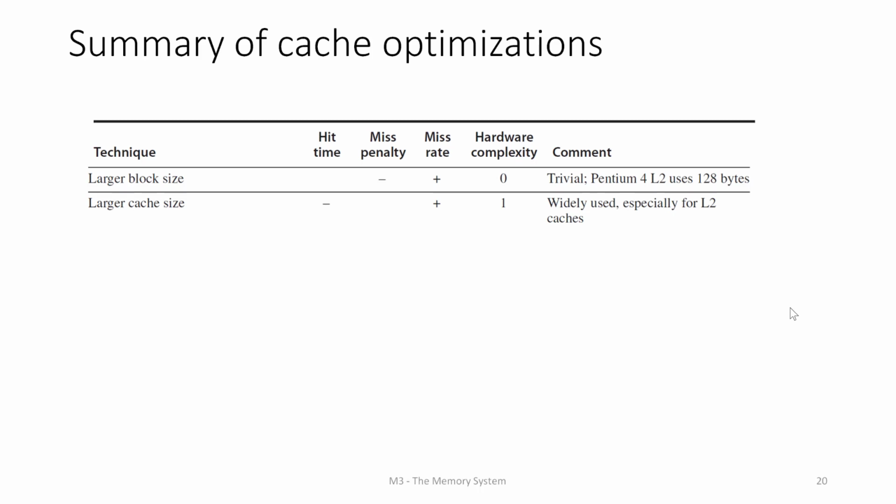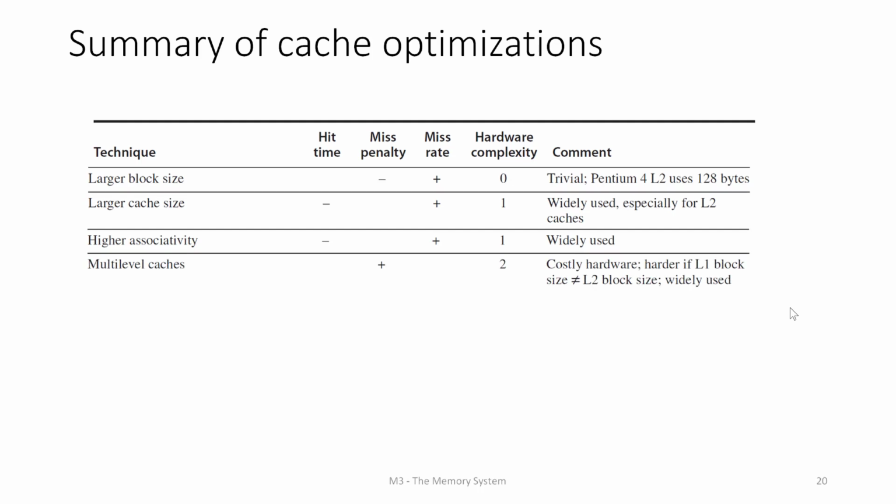The hardware complexity is slightly higher than the first optimization. We can go for higher associative caches. Just like larger caches, the miss rate will reduce, but the hit time can increase. The complexity again is similar to a larger cache.